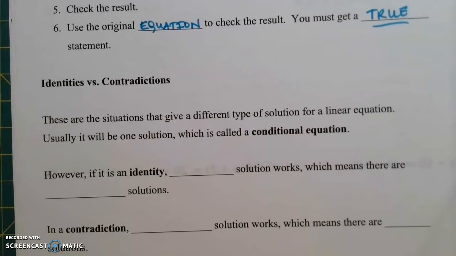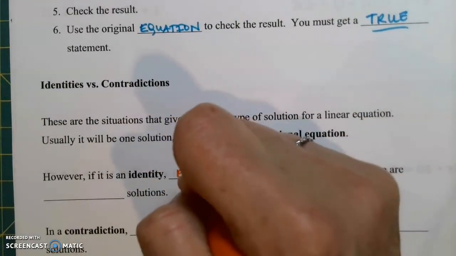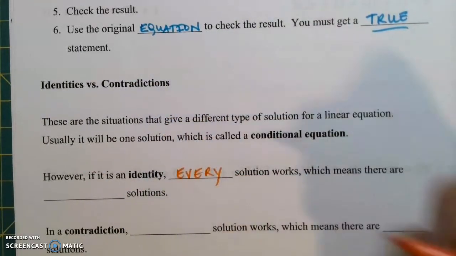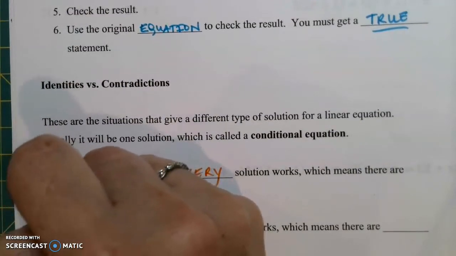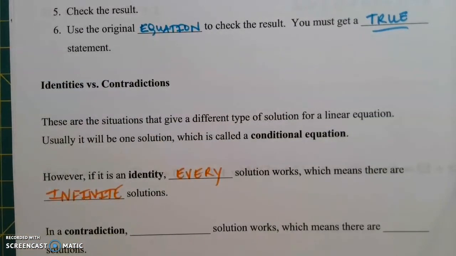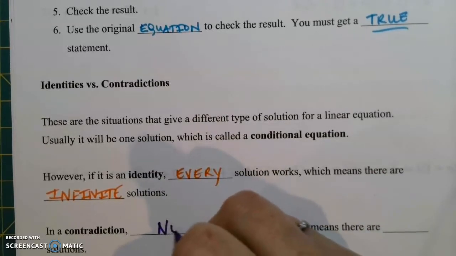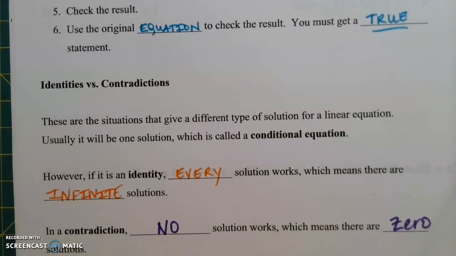One is an identity, which means that every solution works. And that means that there are infinite solutions. And the third possibility is a contradiction, which is no solution works, so there are 0 solutions.